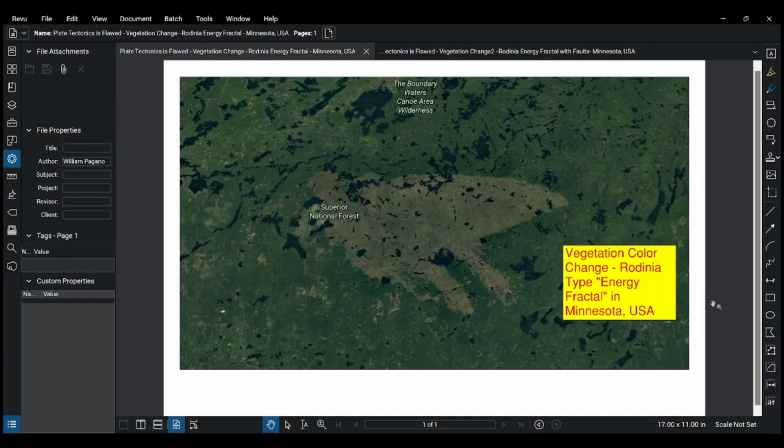Okay, I just want to talk about what this is, this Rodinia type energy fractal, an example of where there's a vegetation color change. So these fractals occur on many different scales in many different areas, all different countries and continents and everything. So here's an example of this vegetation change. I thought this was a mistake or some kind of problem on Google Earth.